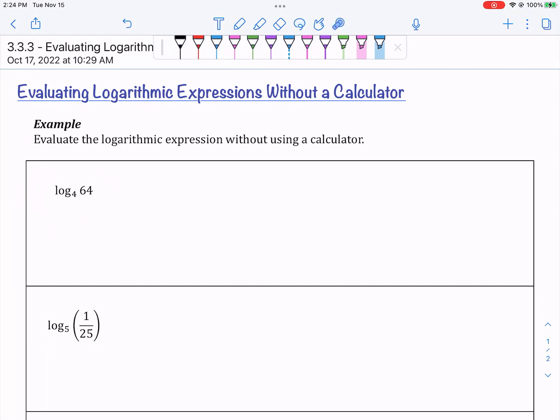In particular, when I look at this guy here, log base 4 of 64, I'm asking myself the question, what do I need to raise 4 to in order to make it 64?